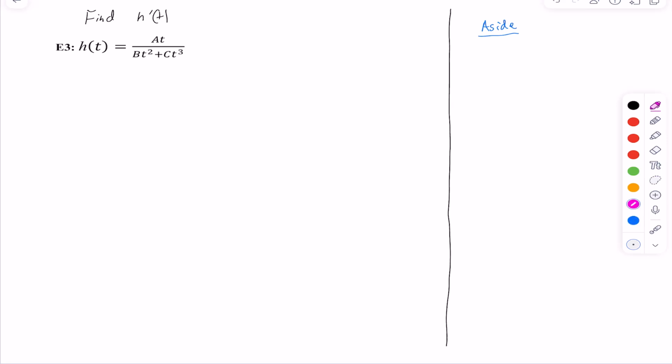Now I am going to label this a little bit differently. I am just going to label it with f of t is equal to a times t, and g of t is going to be this.